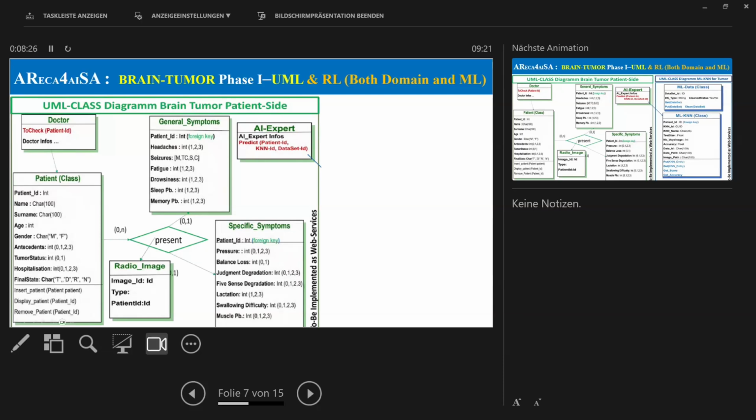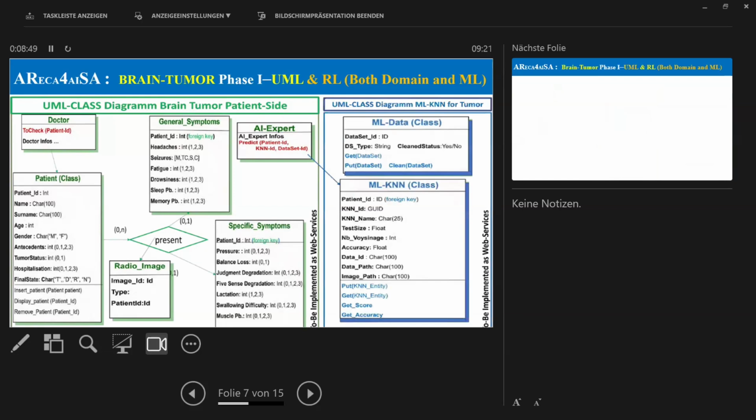What we bring new is that even at this requirement engineering phase, we enforce the AI expert to express early what he wants to implement. Assume he wants to implement the machine learning KNN algorithm, for instance.